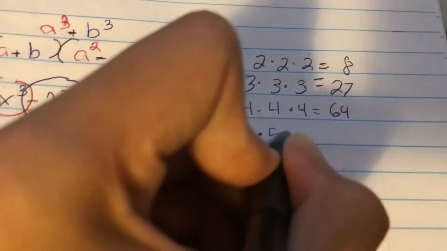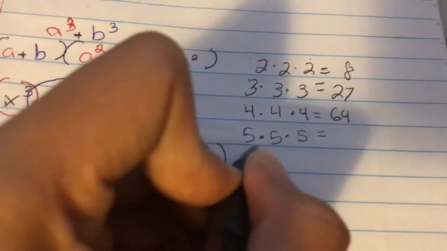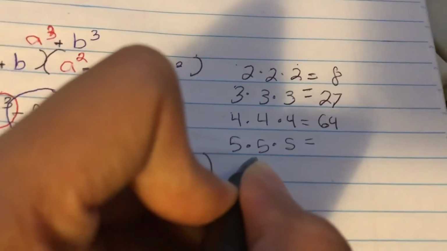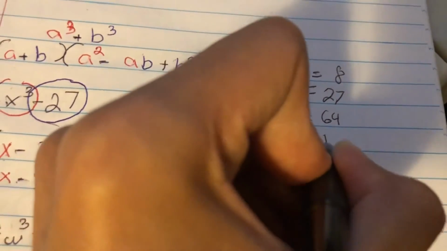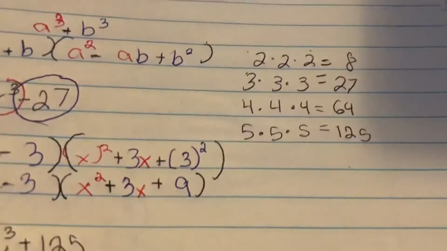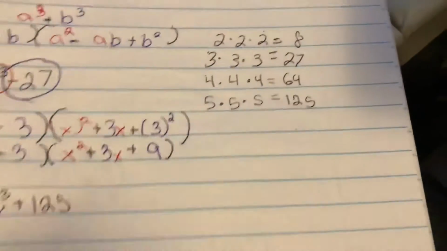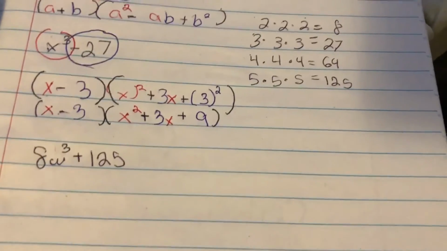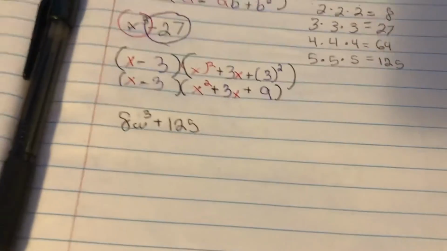Okay. Let's try 5. 5 times 5 is 25. 25 times 5 is 125. Obviously if you have a calculator, you can calculate this faster and find out the difference of cube. A cube and a cube here.